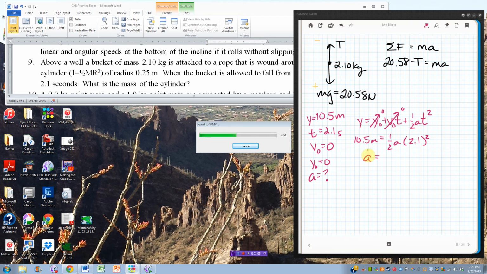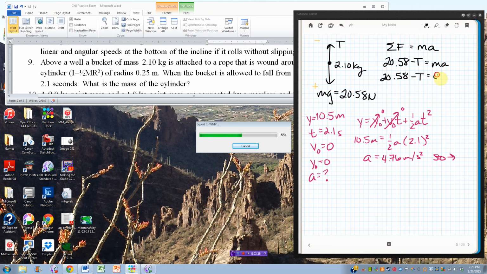I end up with a is 4.76 meters per second squared. I'm going to store that in my calculator, however, and use it as an unrounded figure because it is not a final answer, it is an intermediate answer. So just store that. Okay. That means I can go back up here and say 20.58 equals m, which I also know.